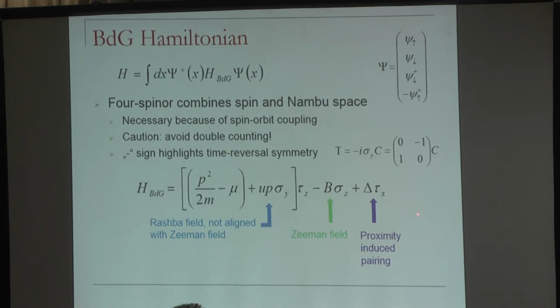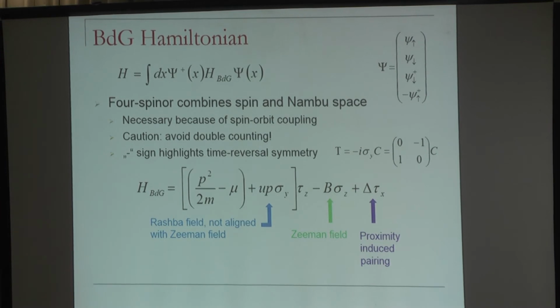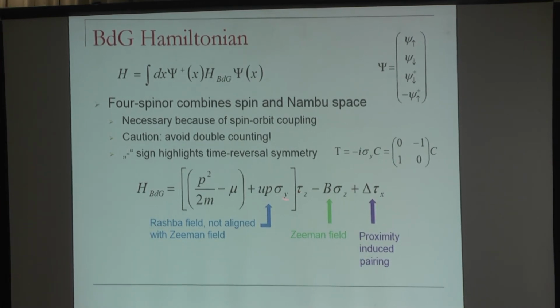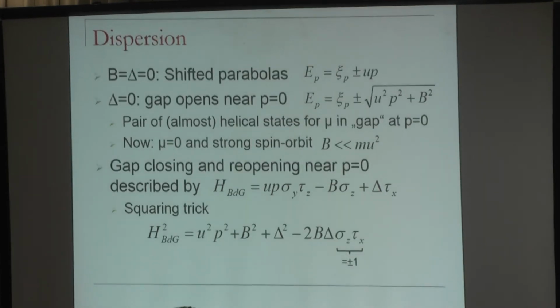We can focus, for instance, on the left upper branch by putting tau z to 1. And then you diagonalize this 2 by 2 matrix, and you find, indeed, this dispersion relation. You have an avoided crossing at p equals 0. And now putting the chemical potential inside the gap, you will get a pair of almost helical states.